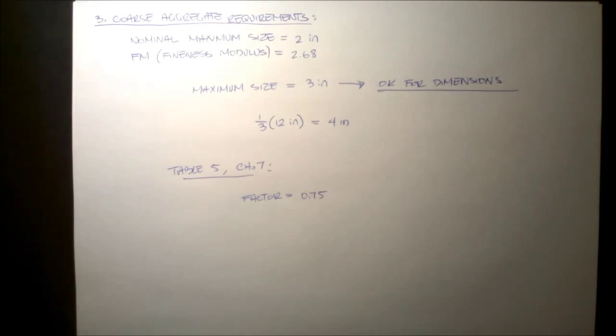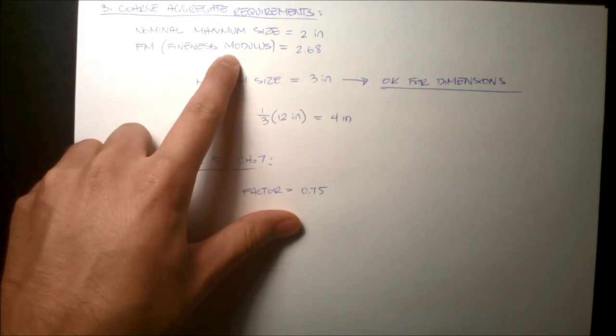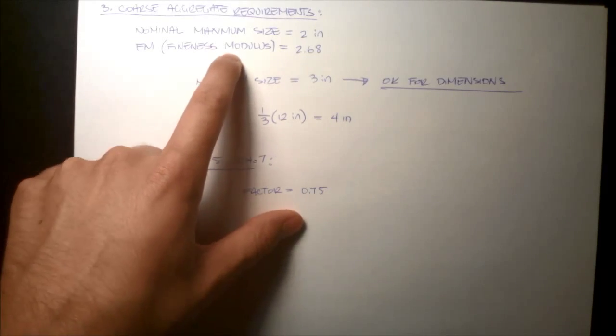From here, we're going to go to Table 5 in Chapter 7, on page 263, to get the bulk volume of coarse aggregate per unit volume of concrete. To get this, we need our nominal maximum aggregate size and the fineness modulus of the fine aggregate.